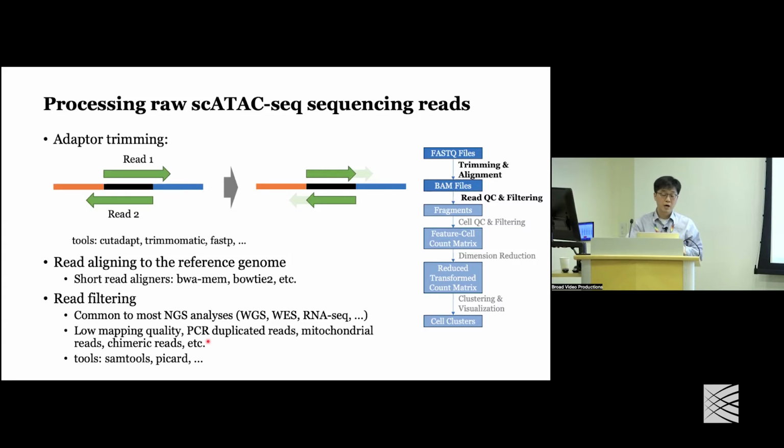Typically, low mapping quality reads, duplicated reads, mitochondrial reads, chimeric reads, et cetera, are excluded from the analysis. So these are all common to most NGS analysis.